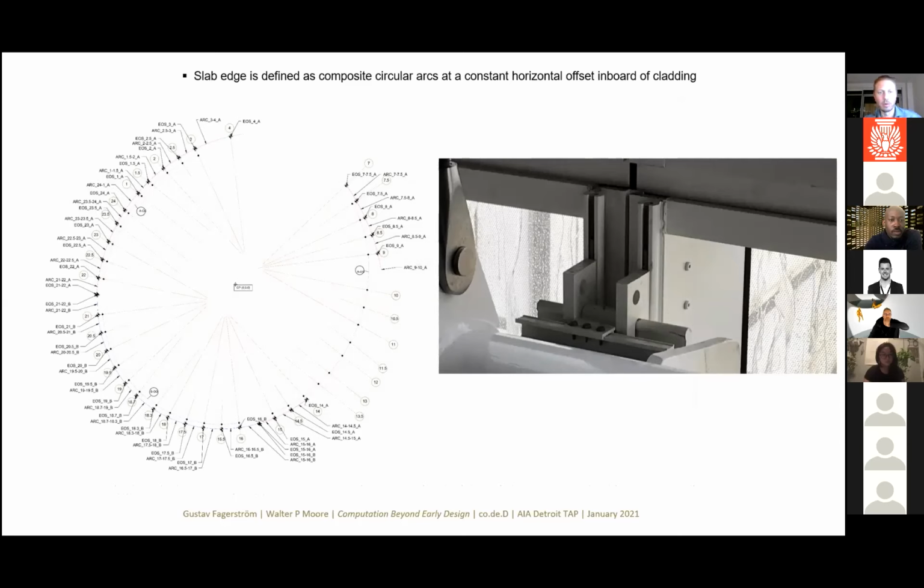And we don't always set out slab edges. That's usually the primary structural engineer. We don't do that when we're not the primary structural engineer. In this case, we did because we had the control of the skin geometry, so it became logical for us to own that too. And now this slide is a little bit green, but you can probably see how the arc nomenclature is defined in those arc composites along the grid line system.